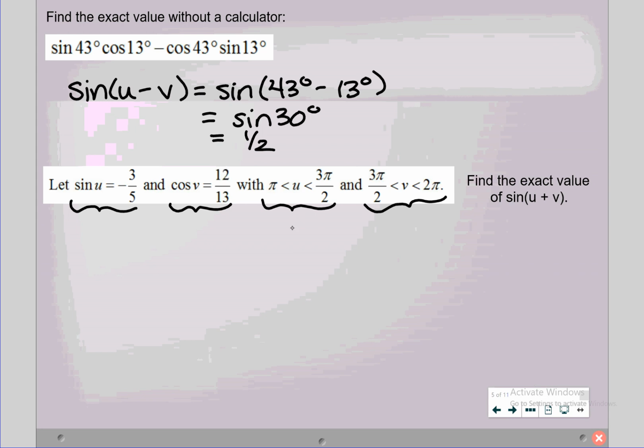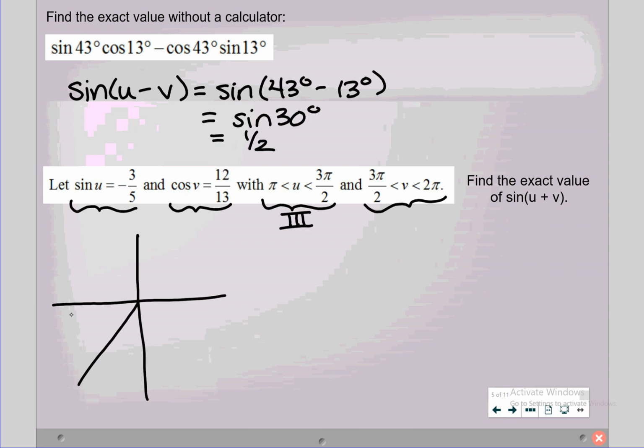If you are told that u, angle u, is between pi and 3 pi over 2, they're telling you what quadrant it's in, right? What quadrant am I in if I'm between pi and 3 pi over 2? I'm in quadrant 3. U is in quadrant 3. Okay, so I'm just going to focus on u right now. If I know that u is in quadrant 3, I can draw a triangle in quadrant 3.